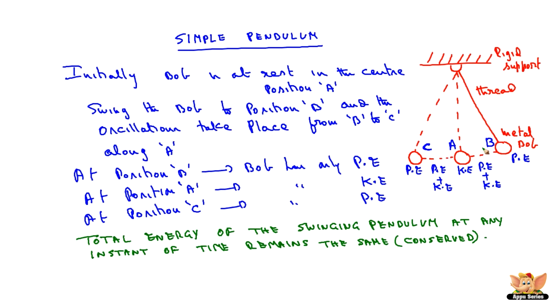It takes some time for this mechanical energy to get converted into heat energy. That conversion happens because of the air friction and the friction at the support. Once it gets converted into heat energy, that heat goes into the environment. So the energy gets released, it is consumed by the environment. Once the energy gets consumed, the pendulum comes to rest.